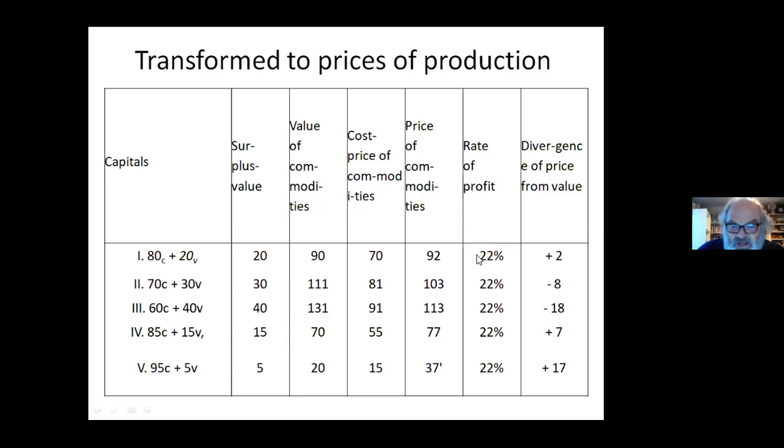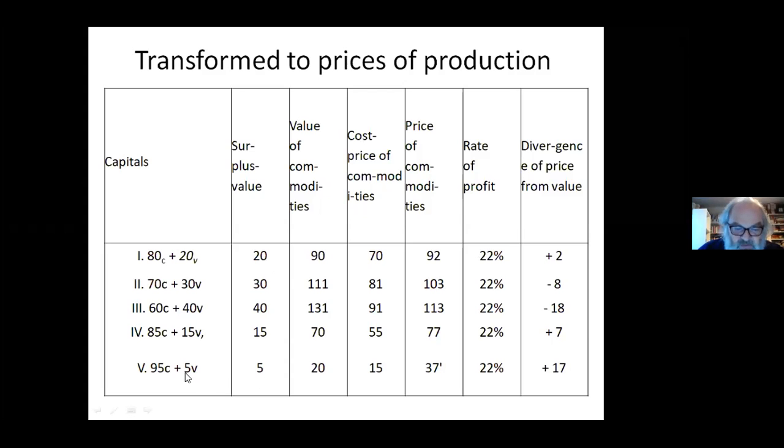And to square this circle, the only way that it can be squared is that the actual selling price of the commodities is not the same as their simple value. So for sectors, let's take this one with a very high composition of capital.